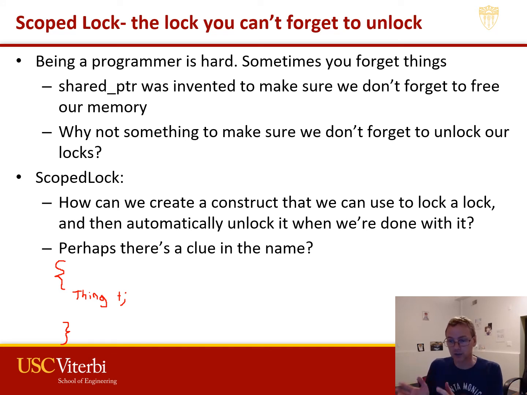I asked C++, give me a little stack memory and call the Thing constructor on that address. That's what I just asked. And then when it goes out of scope, right here, that'll be popped off the stack and the t will be destructed. Boom. We can use that technique to have the destructor automatically clean up for us.